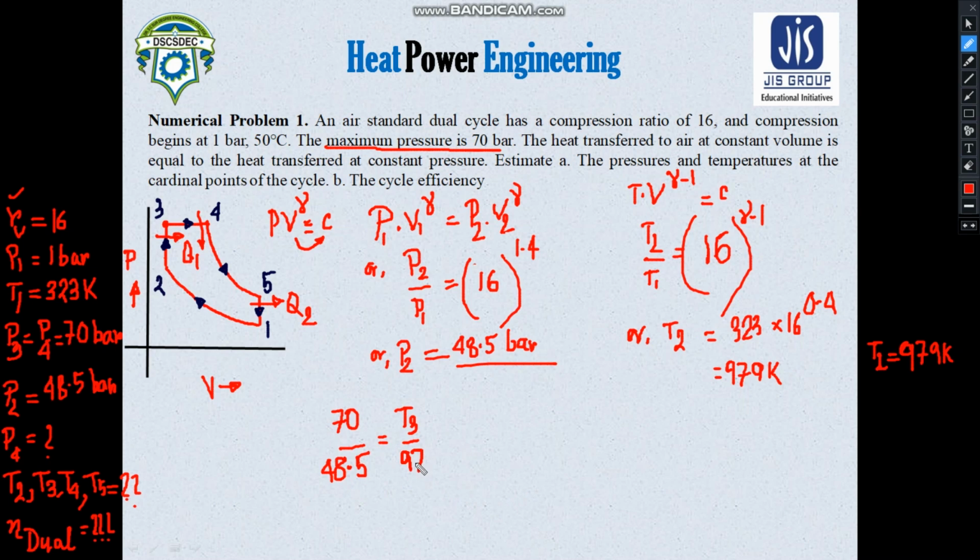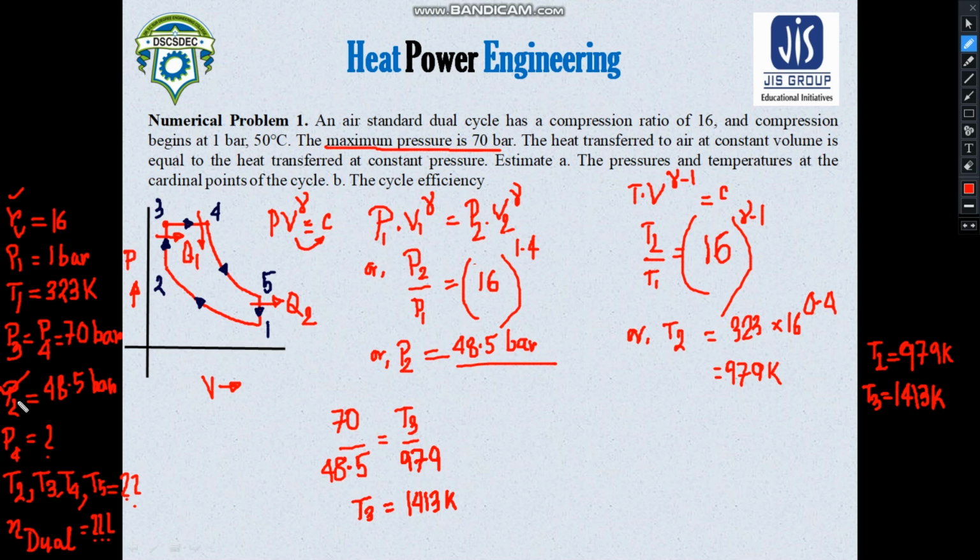Now it becomes easy to find out T3, and ultimately you will get the value of T3 as 1413 Kelvin.